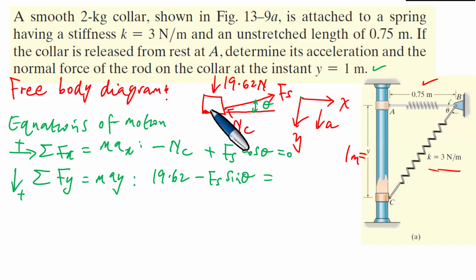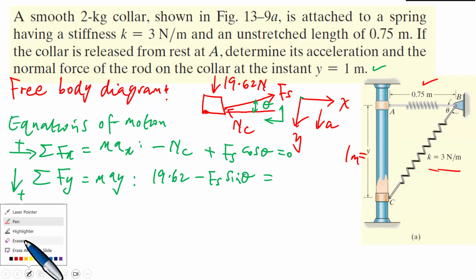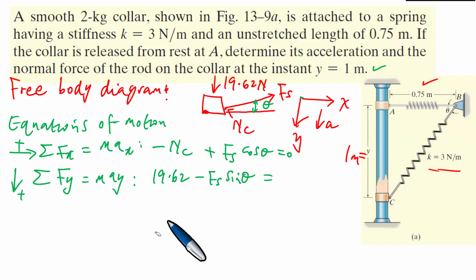This one is straight down, but if you look at the Fs force, it's going to be upward a little bit. And this is straight down, so they're in opposite directions. Upward vertical component, and therefore this is what you're going to have here. Because it is in that direction, that is upward this way.